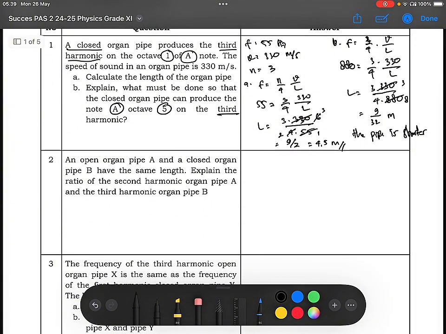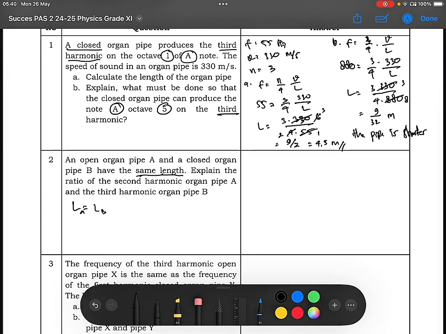Okay. Number 2, an open organ pipe A and a closed organ pipe B have the same length. Explain the ratio of the second harmonic of organ A and the third harmonic of organ B. The key is the first is the same length. Okay, LA is the same as LB.